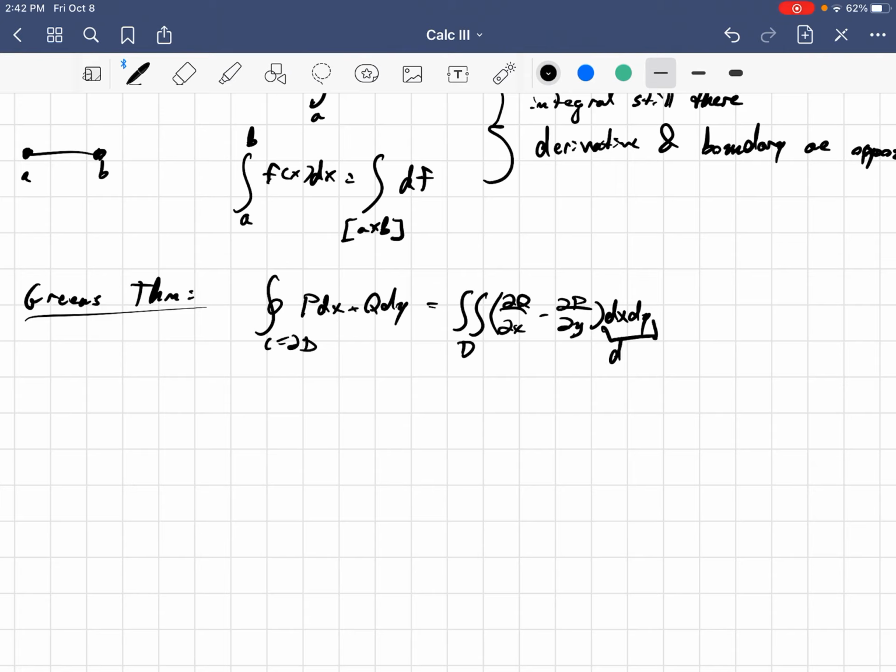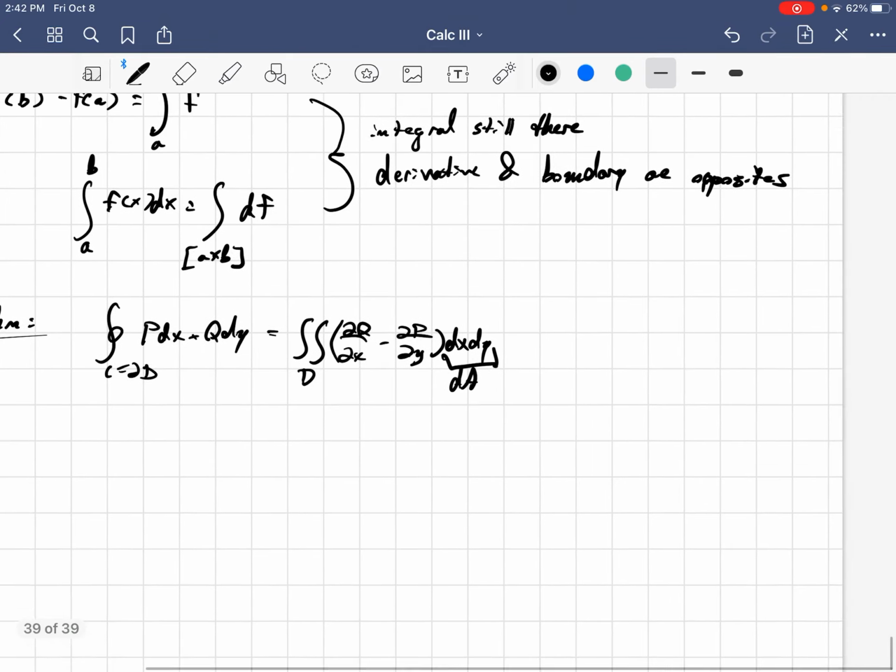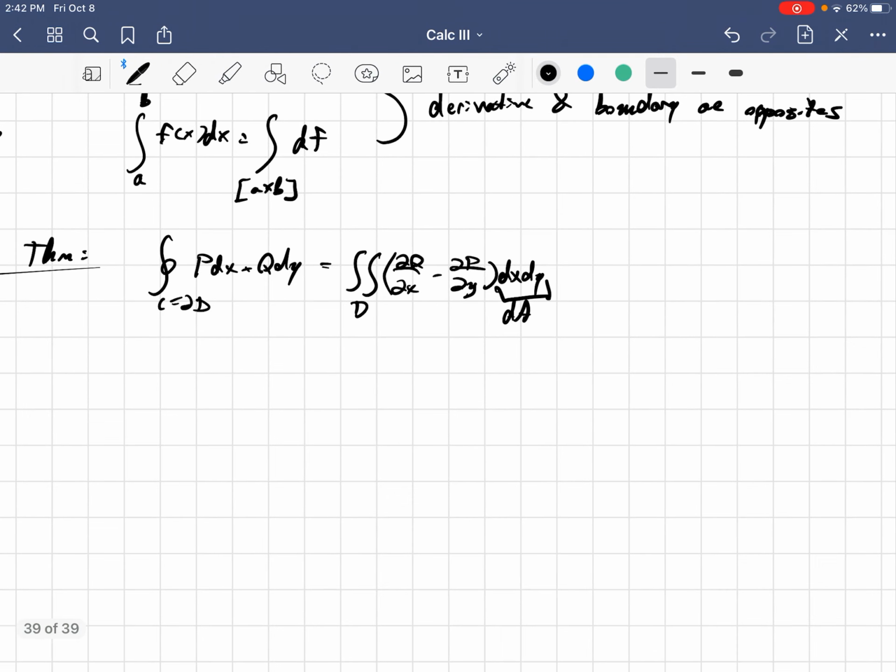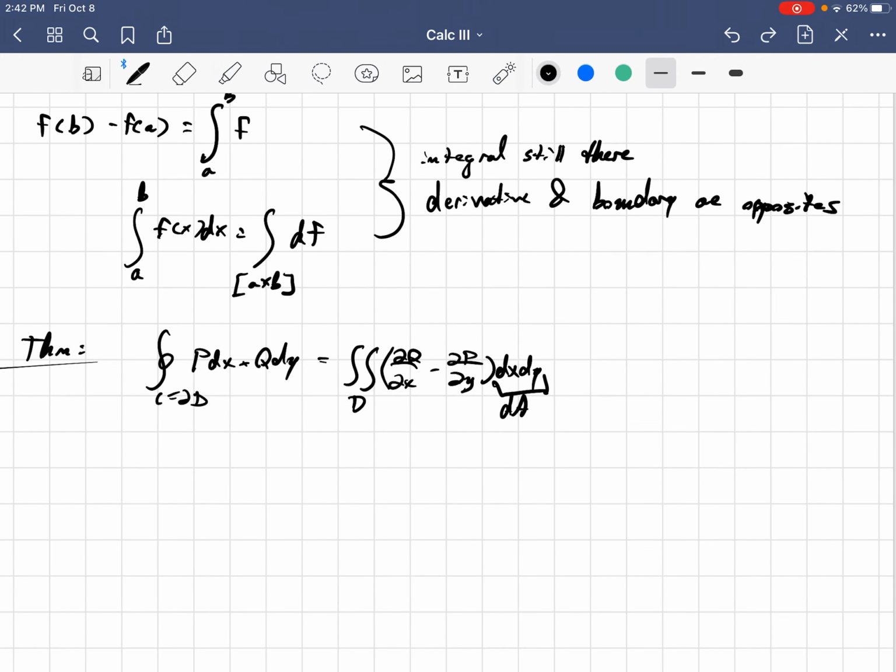Or this is sometimes written as dA, but you do have to pay attention to the sign, and I'll explain that in a minute. And P and Q are the components of the vector field F. So F would be a vector field, and its components would be given by these two scalar functions, P of x, y and Q of x, y.